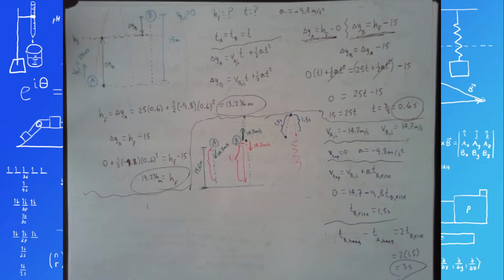Ball B spends 3 extra seconds in the air before making contact with the ground.